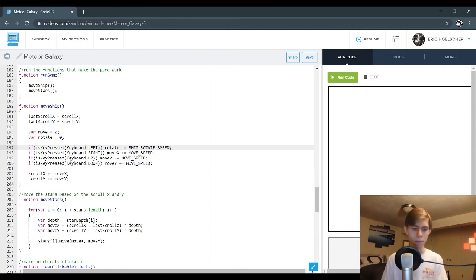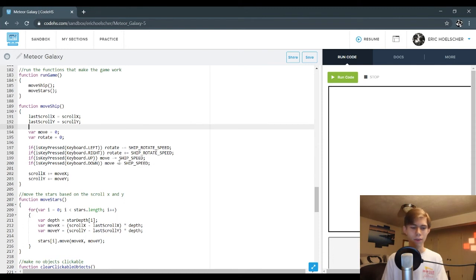And then when the up arrow key is pressed, we're going to subtract from move, and that will be the ship speed. The reason why we're subtracting is because when you're moving the background instead of the object, when you want to make it appear that the object is moving to the right, you'd actually move the background to the left. And so that's why some things may seem a little bit inverted. So now I'm going to go set up the other variables.